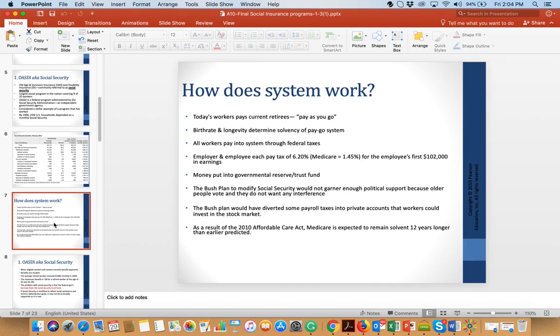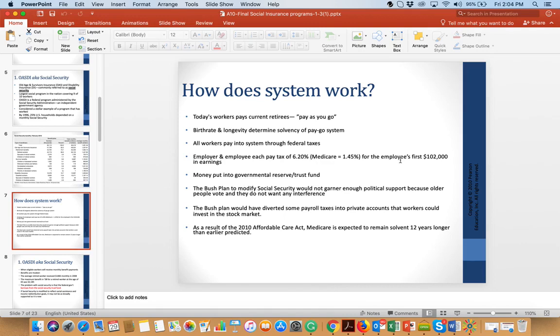The total tax therefore is 12.4% of the payment of your check. I want you to pay attention to this because there's a question that might be confusing. Read it carefully so that you know exactly what the question is asking you.